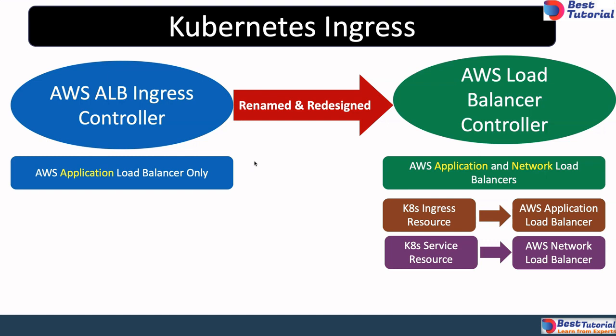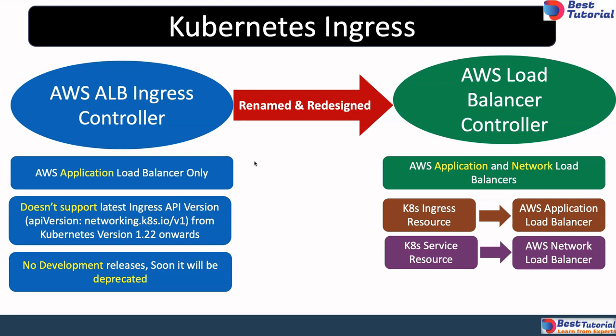And coming to the earlier version, the AWS ALB Ingress controller, it doesn't support the latest Ingress API version, which is networking.k8s.io/v1, from Kubernetes version 1.22 onwards. In addition to that, this ALB Ingress controller will not have any development releases planned, and soon it will also get deprecated.